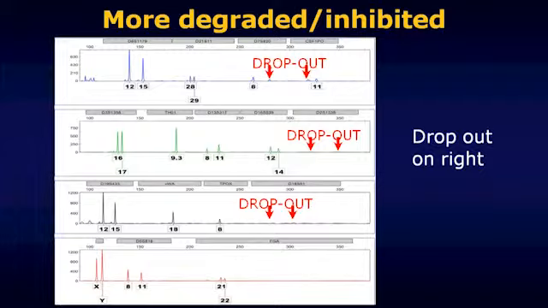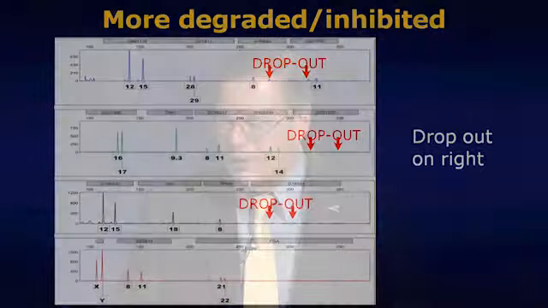I often have attorneys, when I'm talking with them about DNA profiling test results, ask me, does degradation, does inhibition, is it possible to change an individual's DNA profile? And I think the short answer to their question, if I understand what it is they're asking, is no. Breaking down DNA molecules does not change a DNA profile.